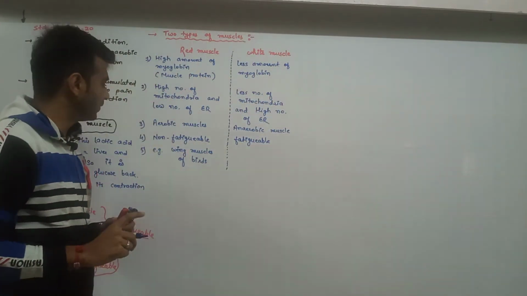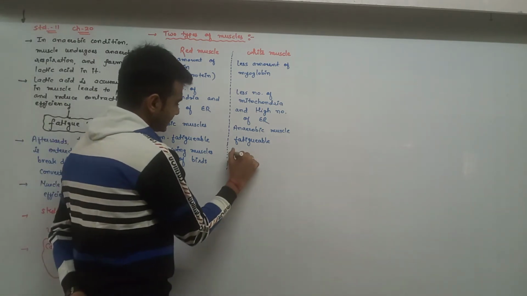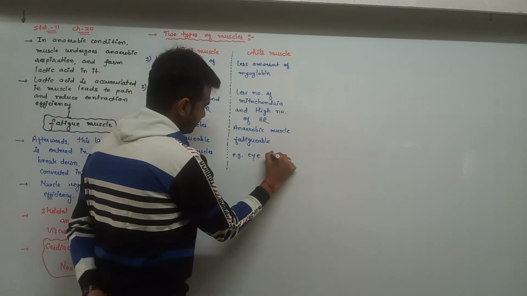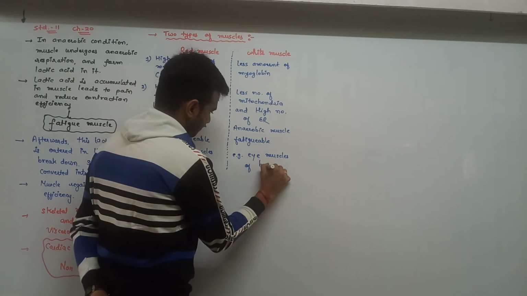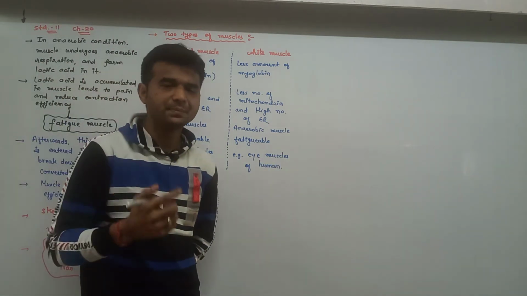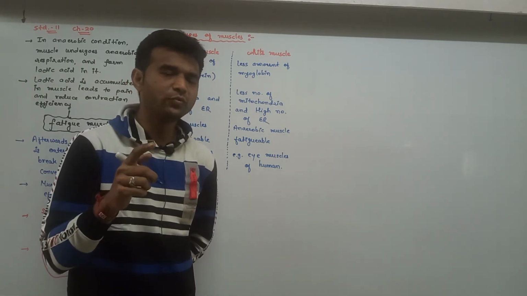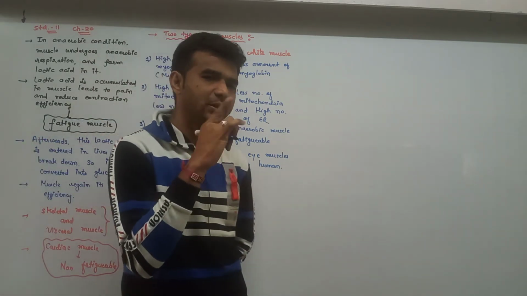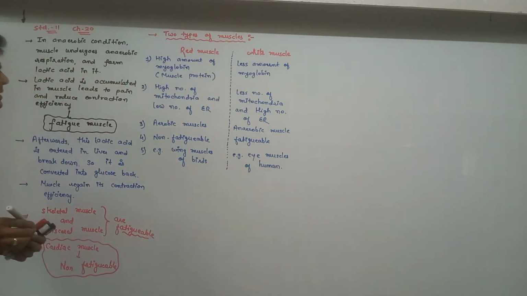So wing muscles of birds are red muscles, whereas eye muscles of humans are white muscles. For example, if you rapidly move your eye in any direction for a few seconds, immediately you feel giddiness.